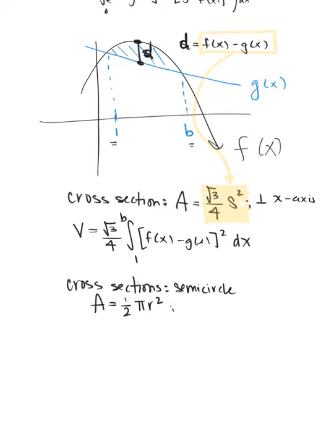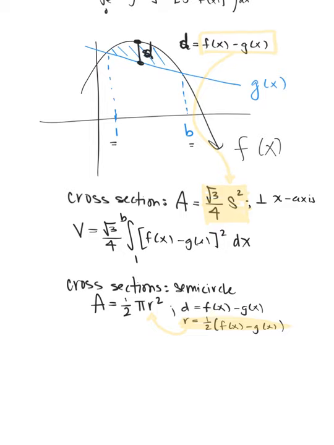And the problem here, though, is I don't want diameter, right? I don't want f of x minus g of x. I want the radius. So that radius then would be half of that. So I would have to take half of f of x minus g of x. And that's what I would have to then use for my replacement, right? So then this radius right here is what would have to go into that equation.